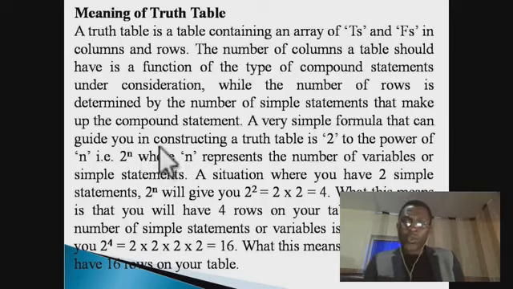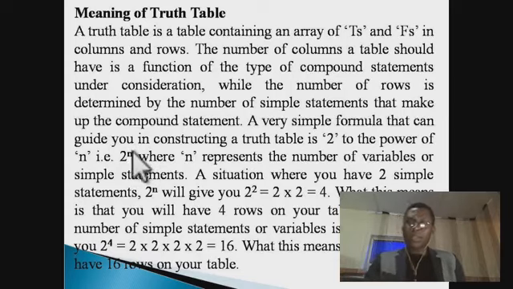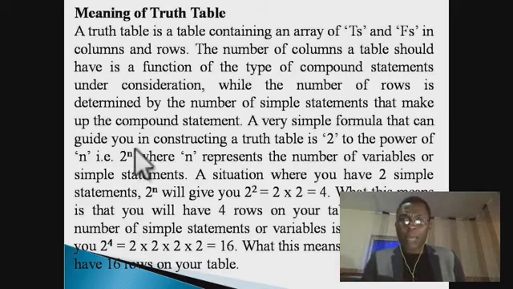Here we have the formula 2 raised to the power n. It helps us to determine the number of rows that we will have on our truth table, where n is the number of variables, that's the number of statements involved in what we are supposed to analyze.